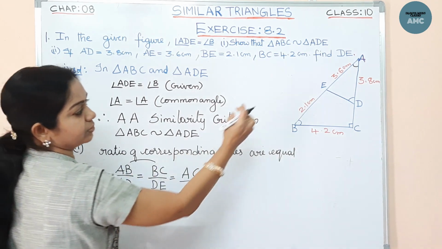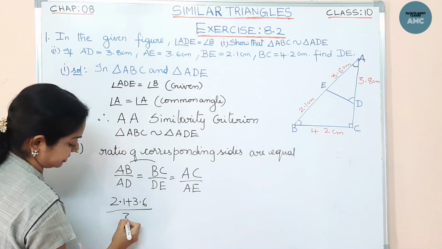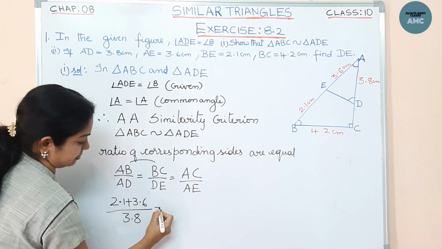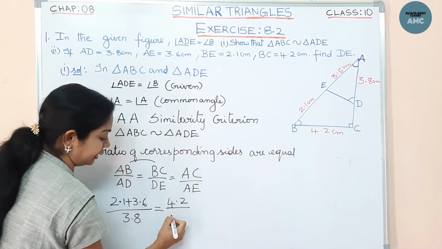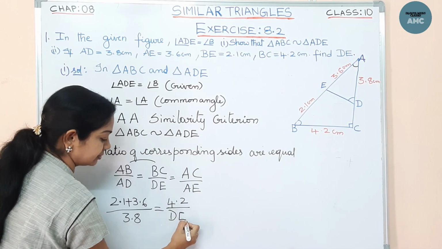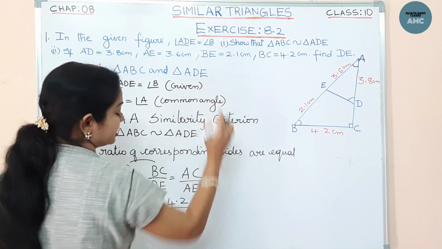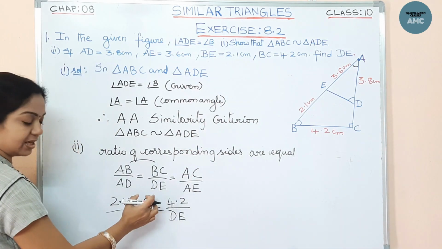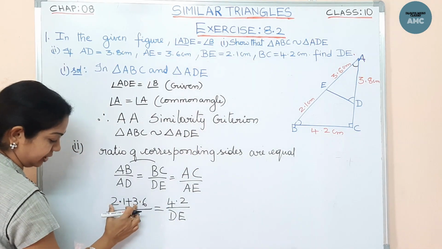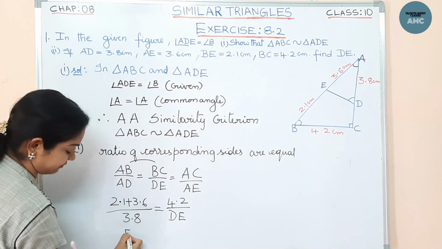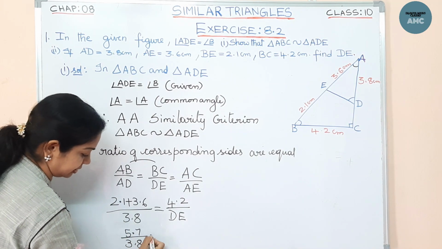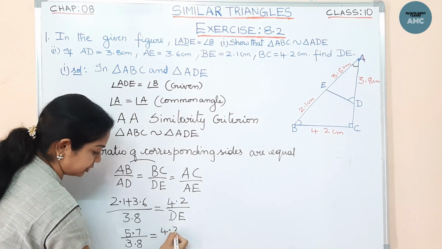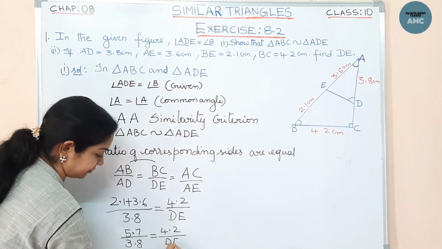What is AD? 3.8. BC is 4.2 and DE I have to find out, that is what we have to find in the second part. All values are there, I am just substituting. Here it comes to 5.7 by 3.8 equal to 4.2 by DE.